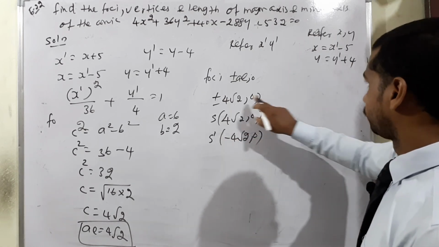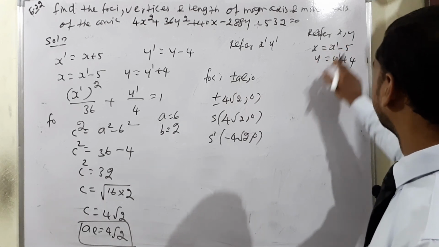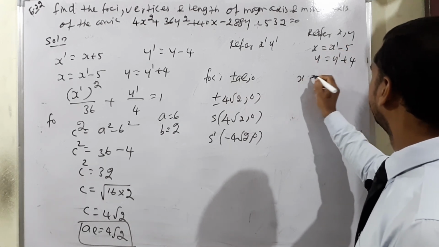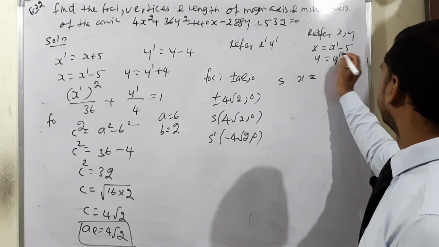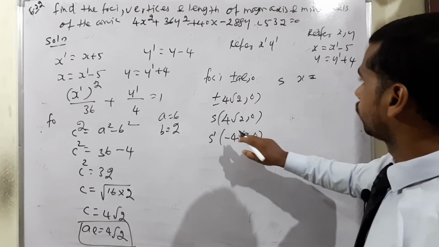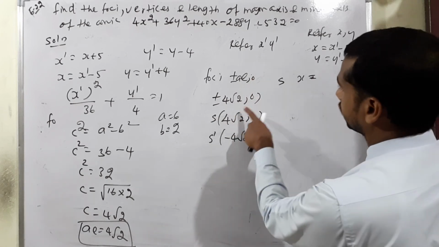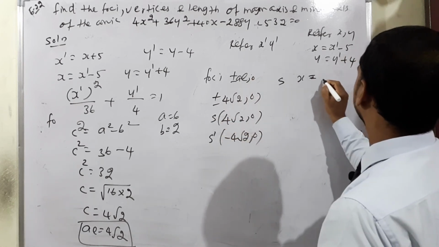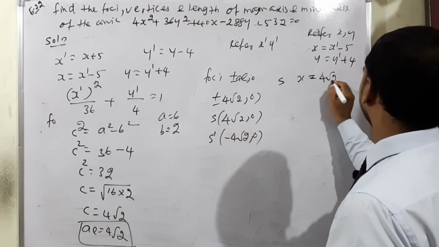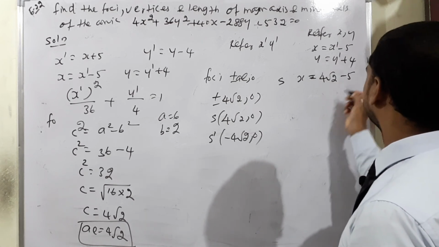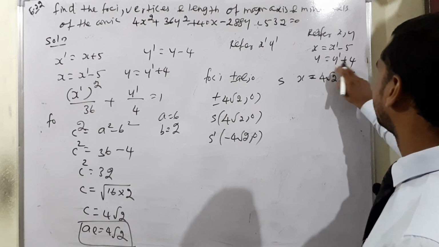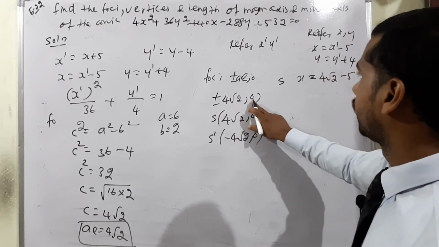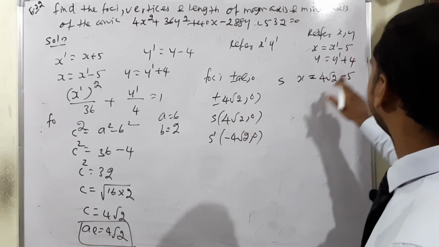Applying there, for S, the positive value, x is equal to x dash, which is positive 4 root 2, so 4 root 2 minus 5. For y, y dash plus 4, and y dash is 0, so 0 plus 4.